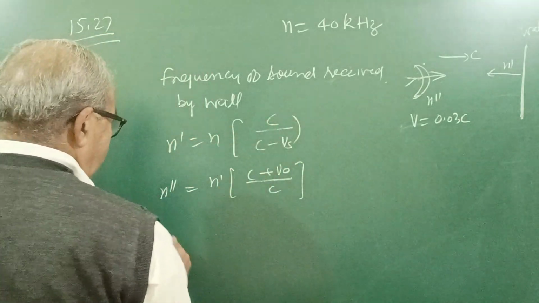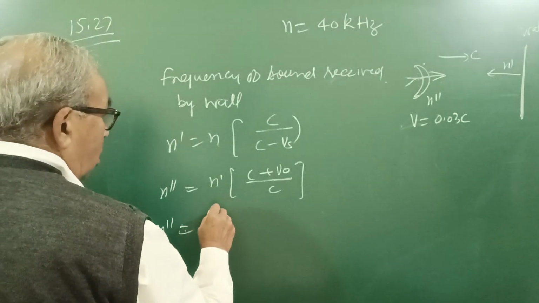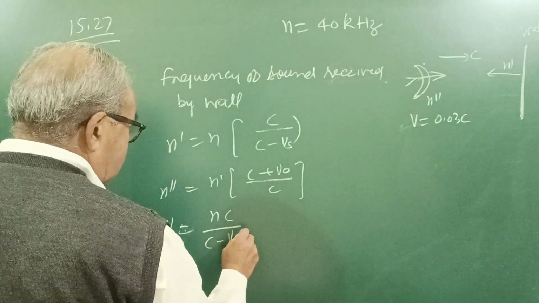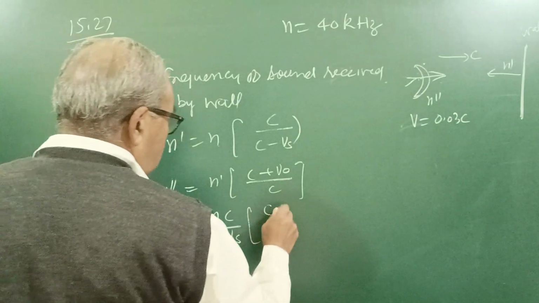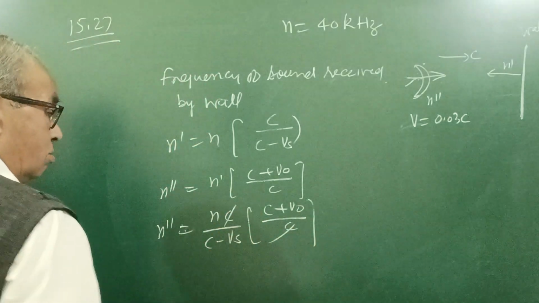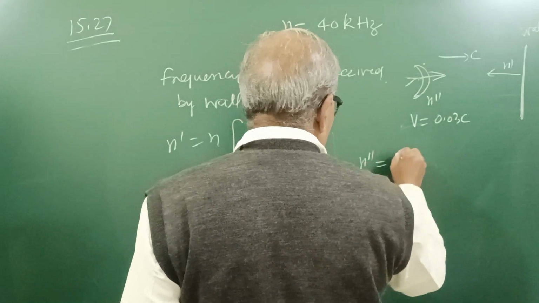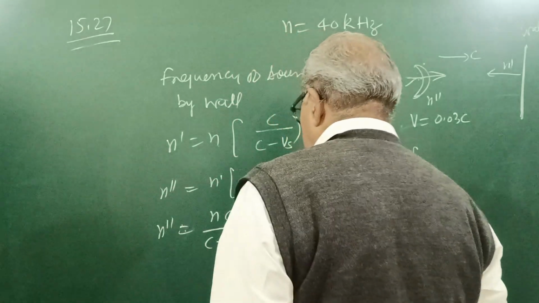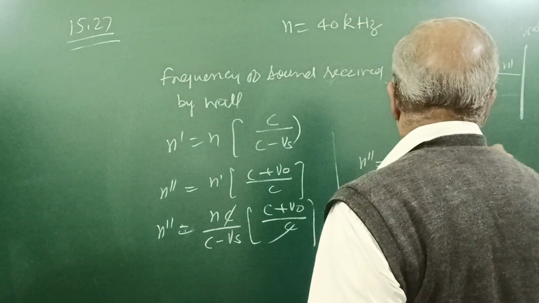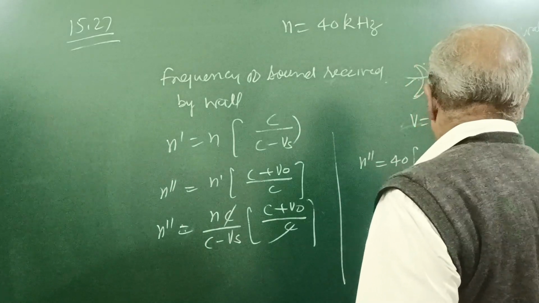Putting this value of n', it is equal to n c upon c minus vs into c plus vo. Again this c cancels, and hence n'' is 40 into c plus 0.03 c upon c minus 0.03 c.